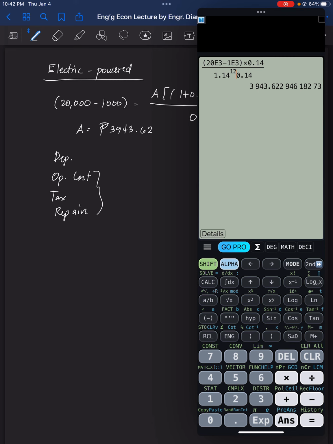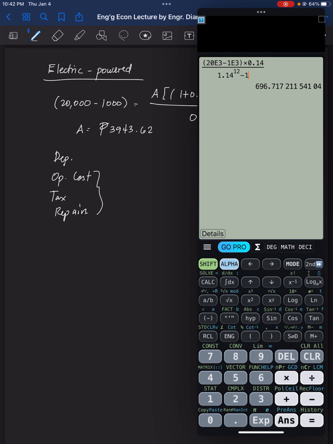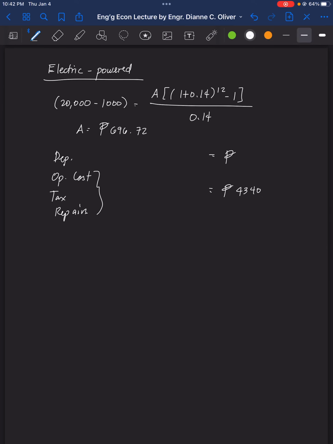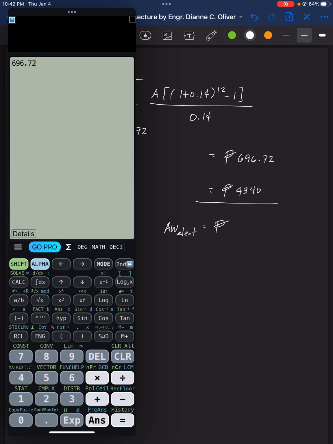Oh, I see. So it should be minus 1. So 696.72. So the depreciation of the electric powered is 696.72, plus the operational cost, tax, and repairs, for a total of 4,340. So 5,036.72 pesos.